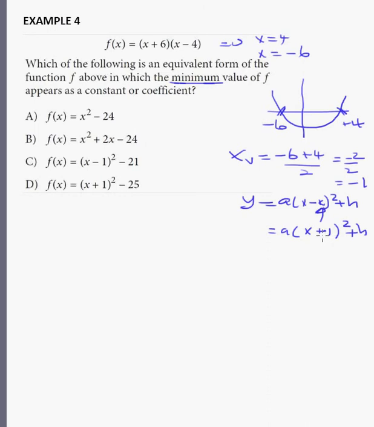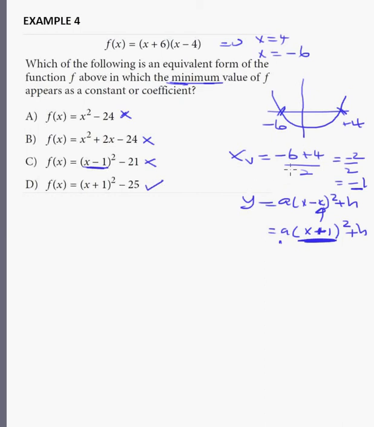When you see the plus here, that means your vertex x is negative, because it becomes negative and negative. So your equation has to be in this form, and a can be 1 all the time, so x plus 1. The fact that this is a minimum means they want you to write the vertex form. This is not correct. This is also not correct because of what I have here, and therefore this is the only one.